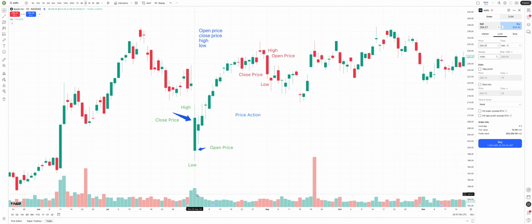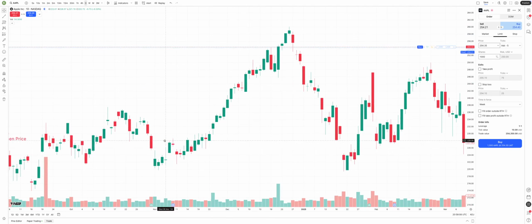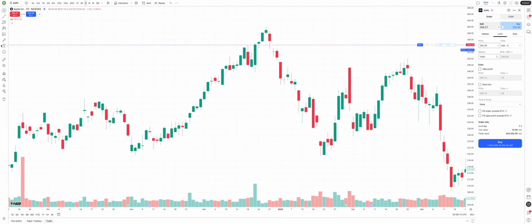Okay, so what are these bars down here? Well, these bars indicate volume. In the world of trading, we have two concepts. I'm going to move over here for another concept. We've got supply and we've got demand. Supply is sellers and demand is buyers.